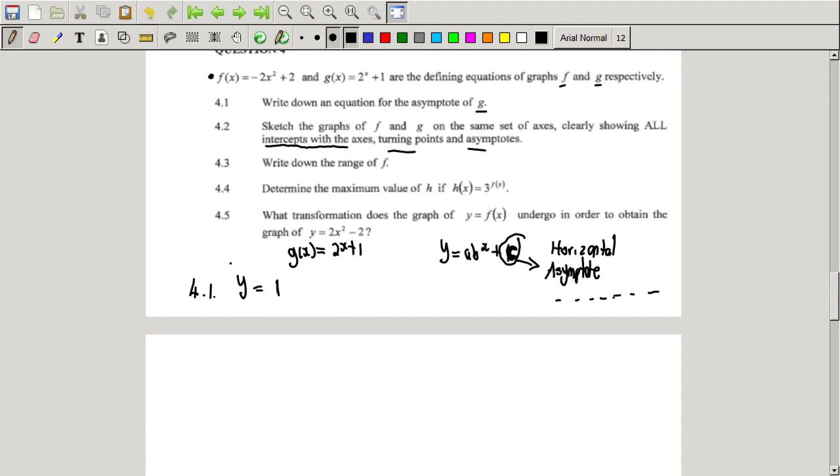Okay, so let me start by writing my function f of x and my other function here.